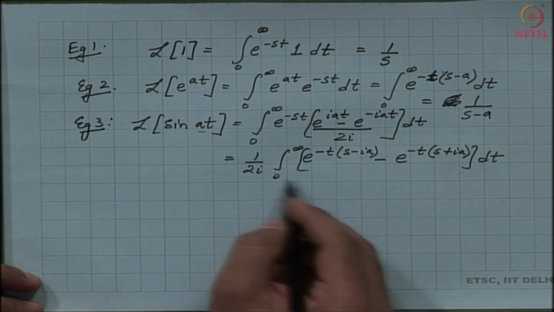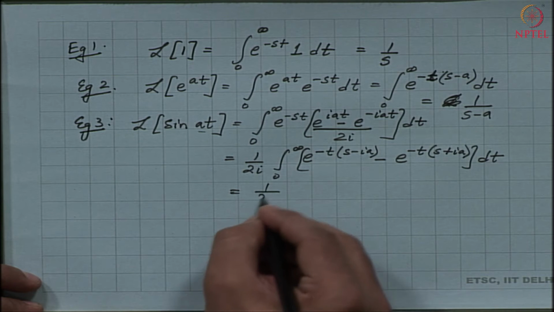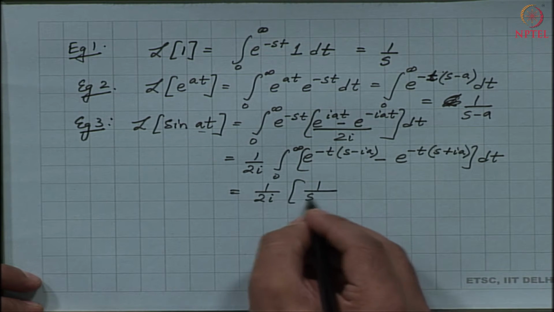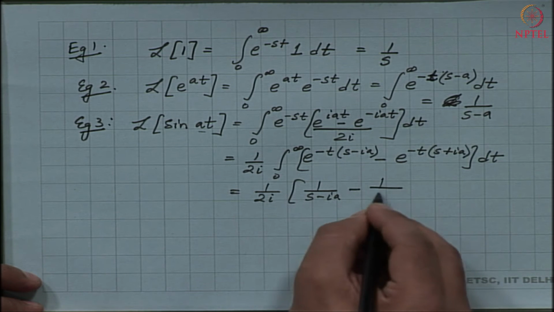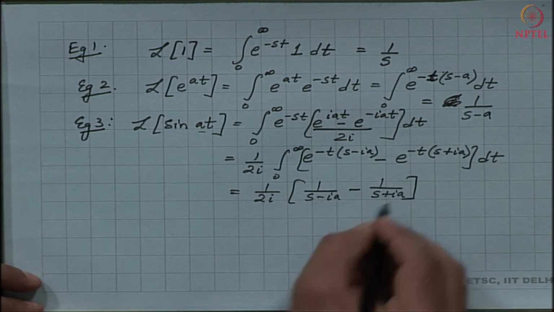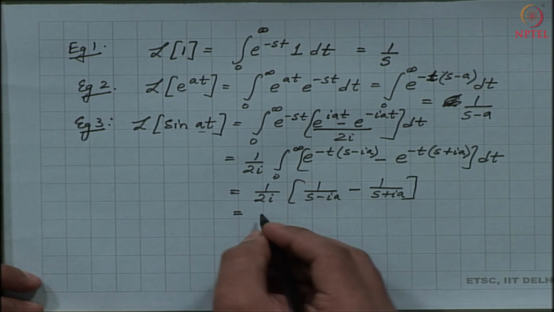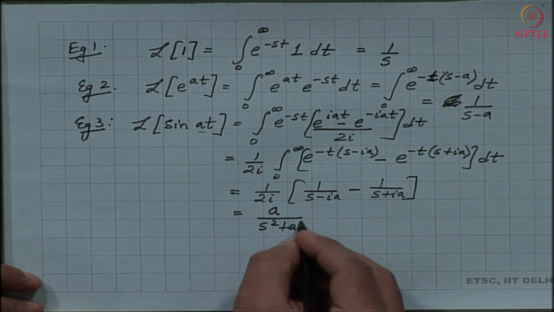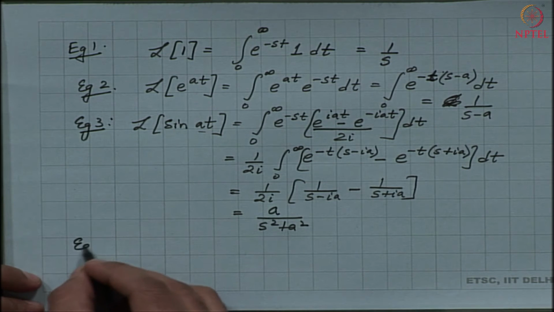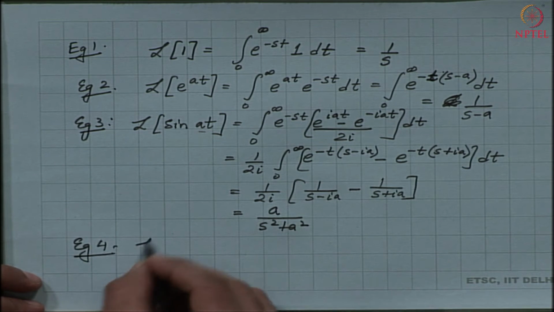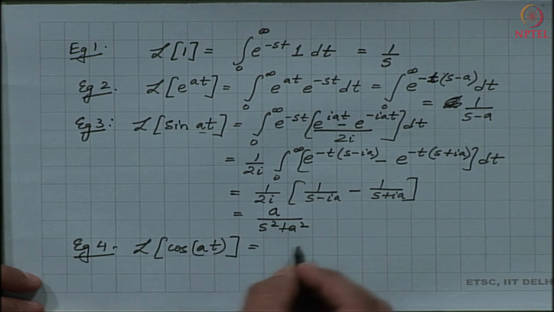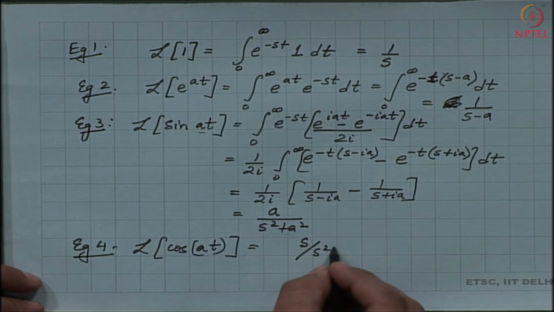This can again be integrated very quickly and I get 1 by 2i times 1 by s minus i a minus 1 by s plus i a, and this can be simplified further and we get that the Laplace transform of sine of a t is a by s square plus a square. Similarly, the Laplace transform of the cosine function is given by s divided by s square plus a square.